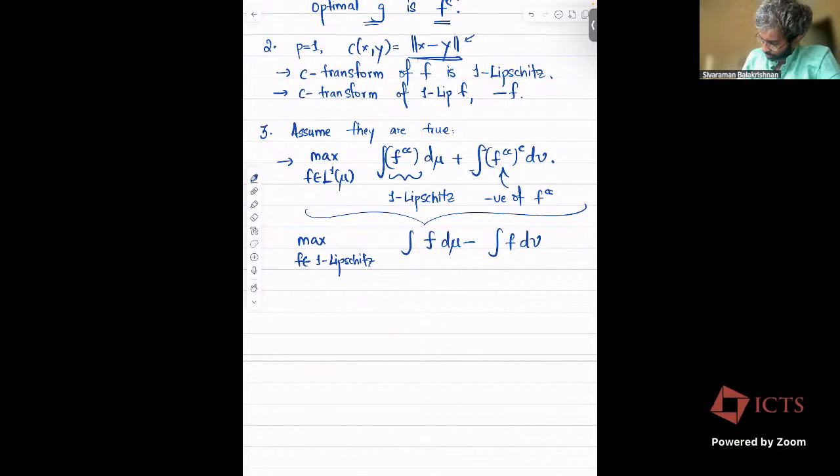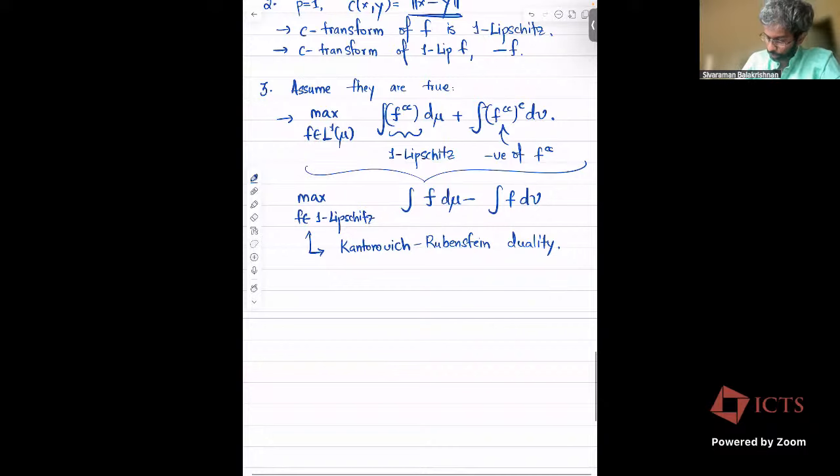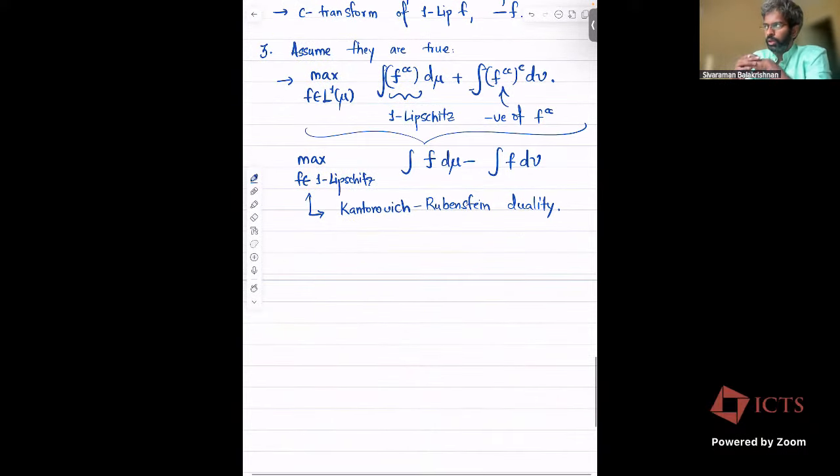Okay, and so this is a famous expression. It's called the Kantorovich-Rubinstein duality. And now you can go through some steps to verify that strong duality actually holds, but this gives you the dual representation of the W1 distance.